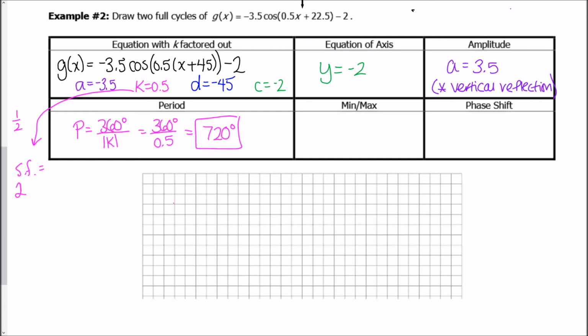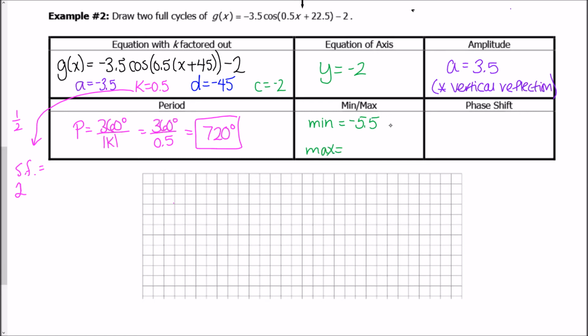Okay? Now, to find my minimum or my maximum, it comes from the equation of the axis and the amplitude, because this is your center point. So the amplitude of 3.5 means it's going to go 3.5 below negative 2 and 3.5 above negative 2. So that means that my minimum is going to be equal to negative 2 minus 3.5, which is negative 5.5, okay?